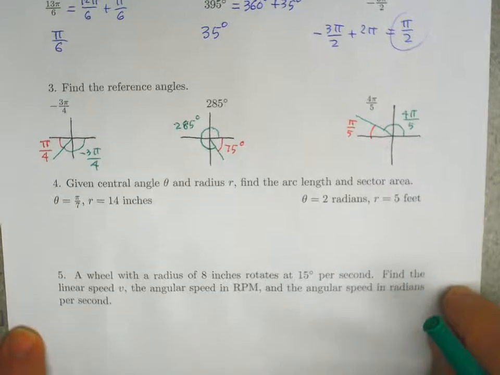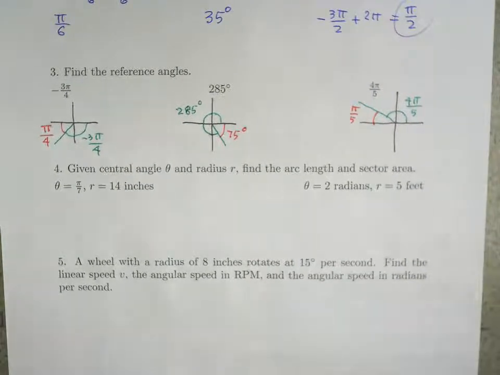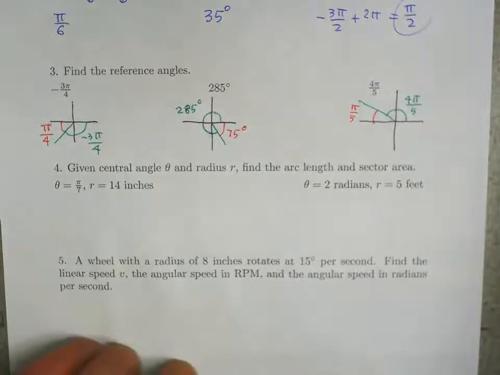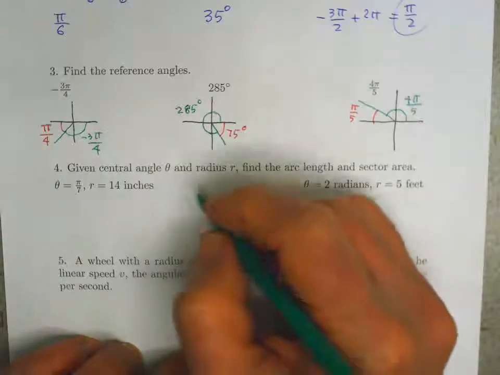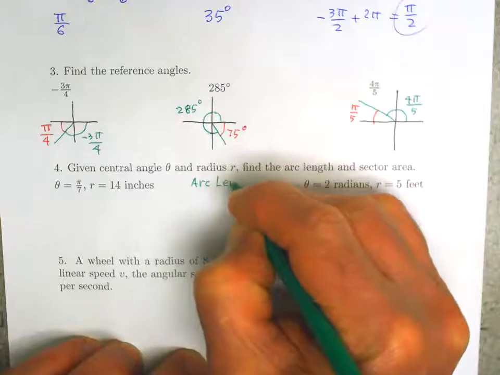Okay, the next part, given central angle theta and radius r, find the arc length and sector area. So in the middle here, I'll remind you of the arc length formula.